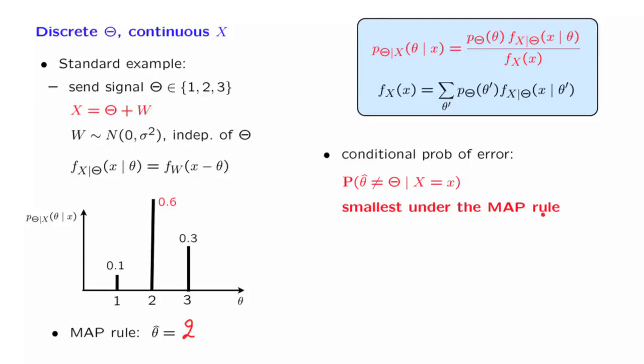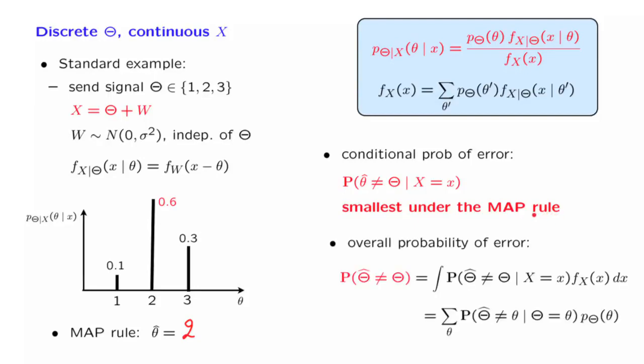And then we can continue similarly and talk about the overall probability of error, which can be calculated using the total probability theorem in 2 ways. One way is to take the conditional probability of error for any given value of X and then average those conditional probabilities of error over all the possible choices of X. Because X is now continuous, here we're going to have an integral.